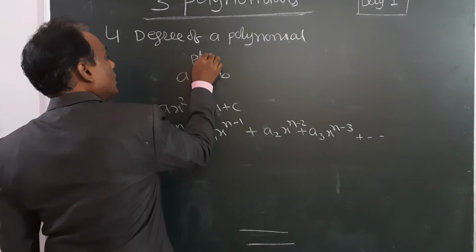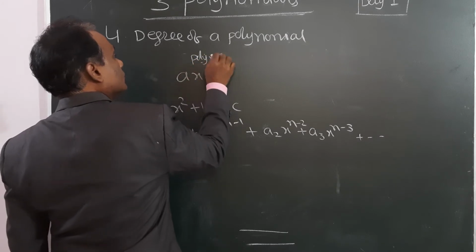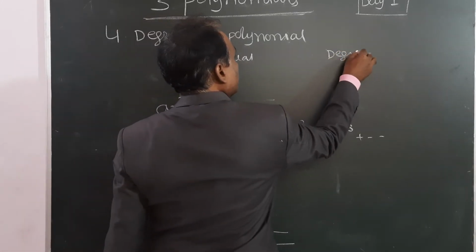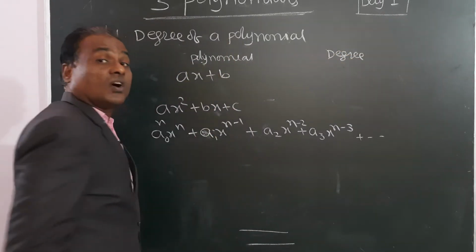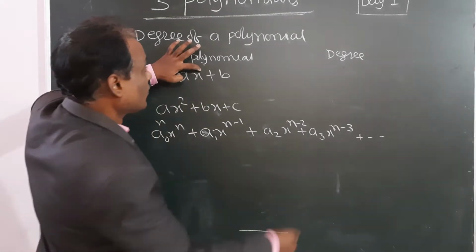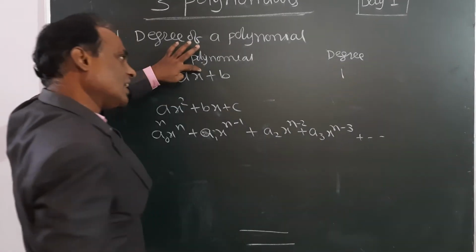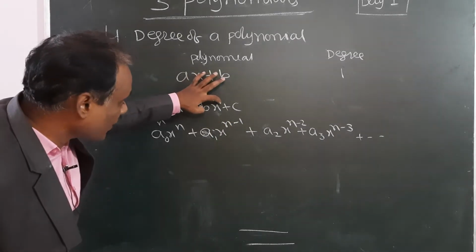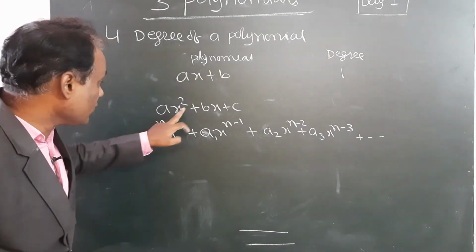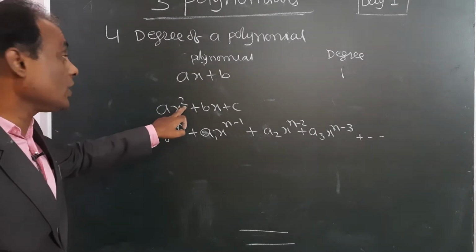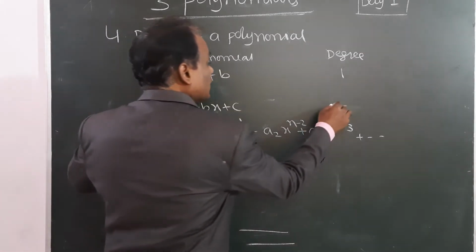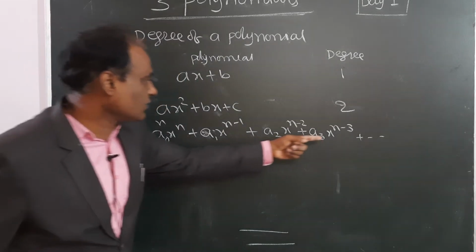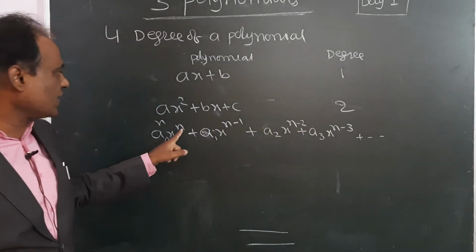Suppose if this is a polynomial. See here. This highest power is called degree. What is x power here? 1. The degree of this polynomial is 1. So here, see there is no x. Here there is an x. What is the power here? 1. And what is the power here? 2. So 2 is highest. So degree of this is 2. And here highest is n minus 1, n is highest.